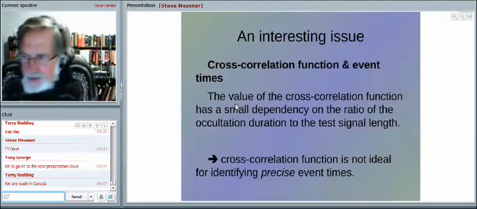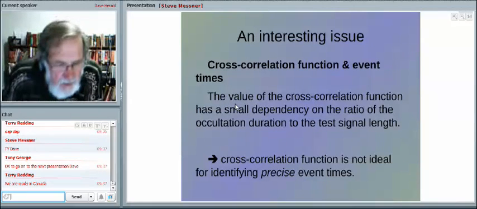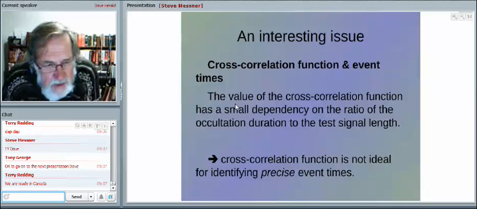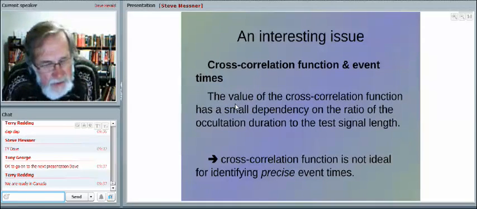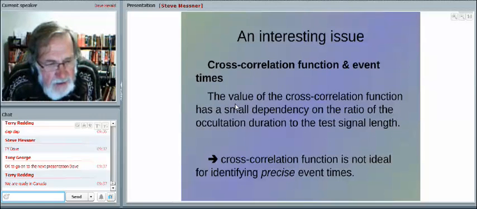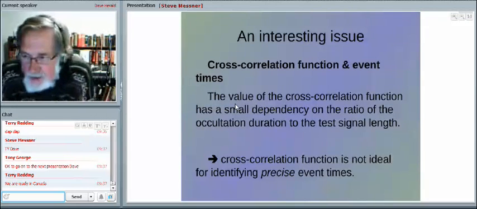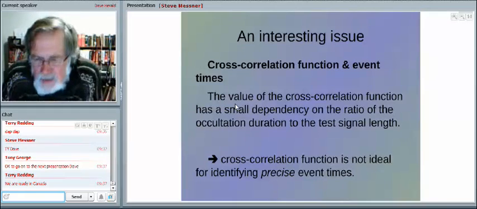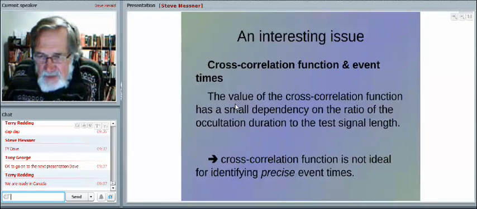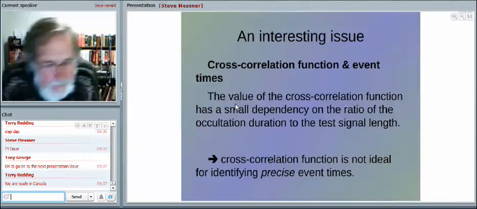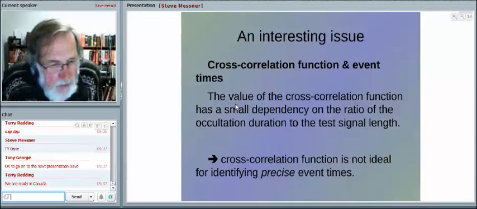One of the curious things which I thought I'd briefly mention was on the cross-correlation function, and trying to look at the event times by fitting a cross-correlation function. In the testing I did, I stumbled over an issue which, after you stumble over it and look at the formula, becomes quite apparent.